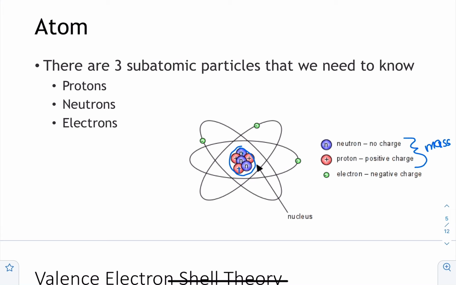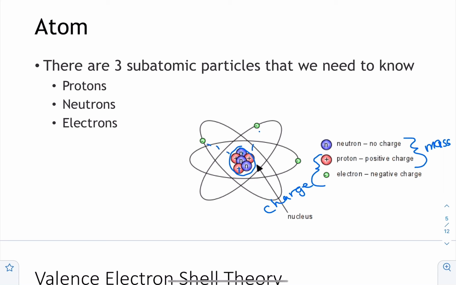And then you have here the ones that have charge are the protons and electrons. You can see here positive charge for the protons and negative for the electrons, and you will see that the number of protons always equals the number of electrons, because for every proton there is an electron attracted to it.